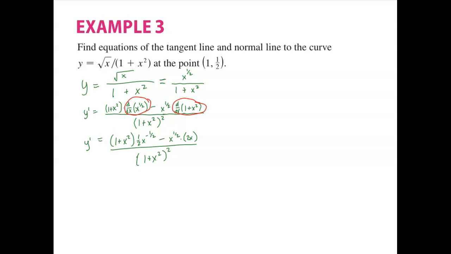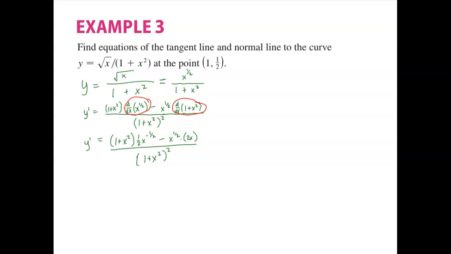What is the derivative going to help us find? What is a derivative? Geometrically, what's a derivative? There we go, slope. So the derivative is going to give us the slope, right?